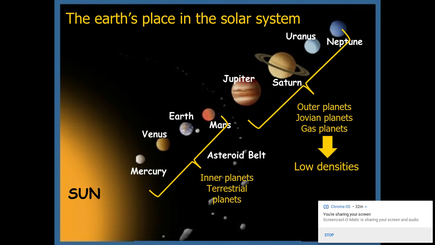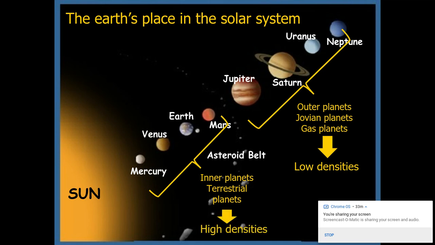Typically, the outer planets are considered low density planets, meaning they're really light for their size. A good example here would be that if one would take Saturn and reduce it down to the size of a basketball, it would actually float in water because Saturn is less dense than water.